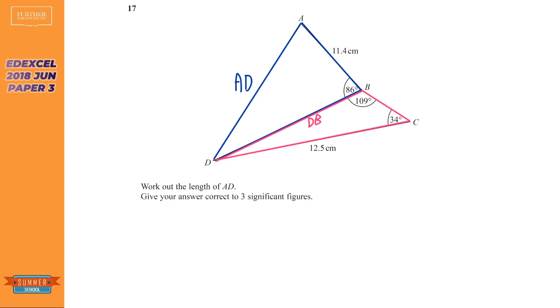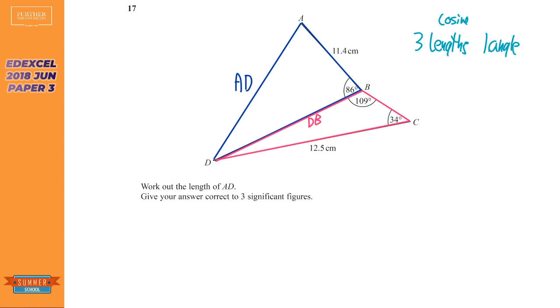So the cosine rule relies on us having three lengths and one angle. One of those can be unknown, so one of the lengths can be unknown or the angle can be unknown.